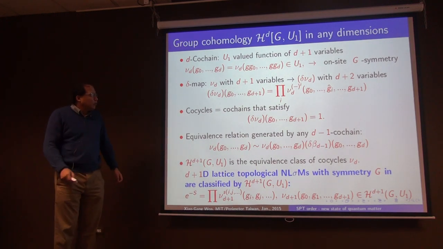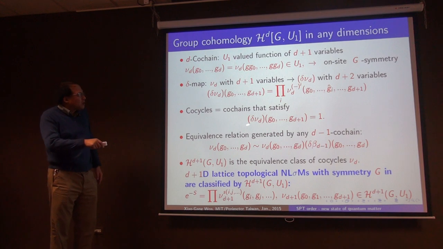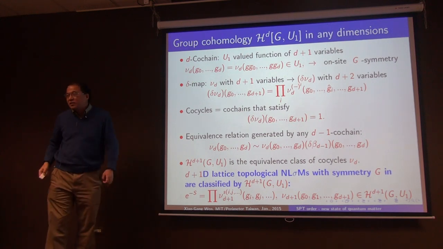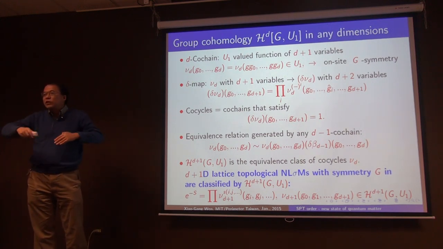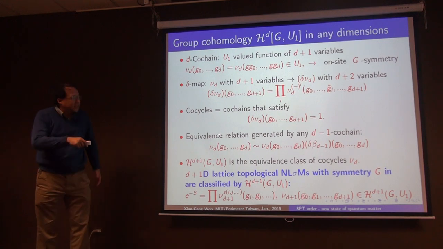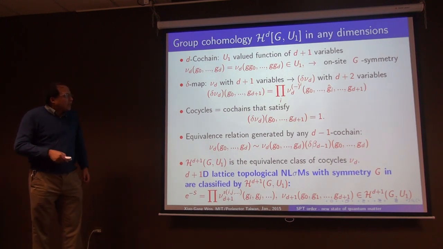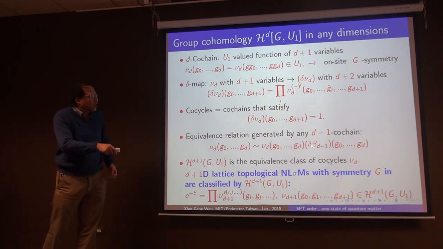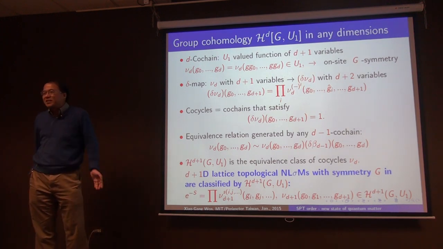With this delta map, we can write the cocycle condition very simply. If this is a cocycle, that means its delta map should always be equal to 1. And so this cocycle condition can be written in arbitrary dimension in a very systematic way. And then the coboundary can also be written very easily. A coboundary is the delta map of something with a lower dimension.